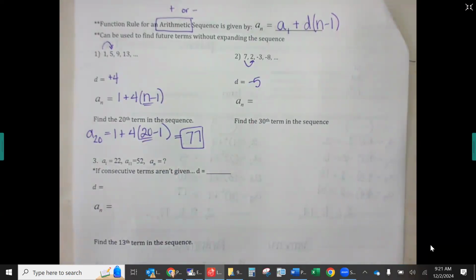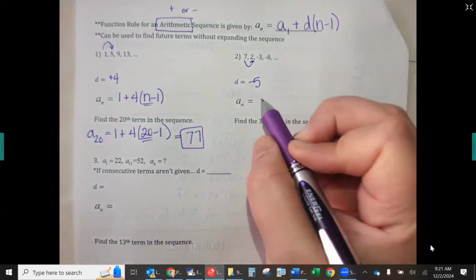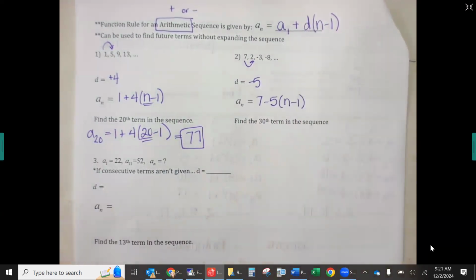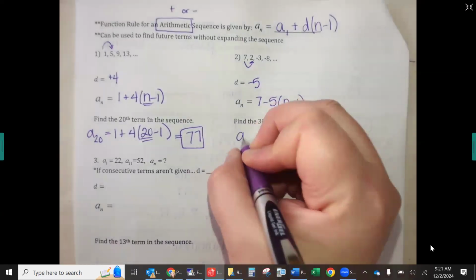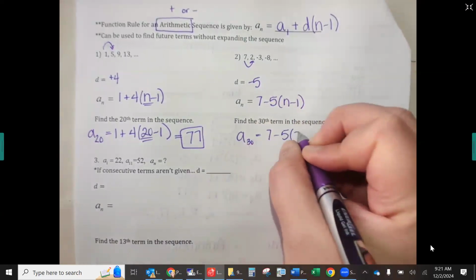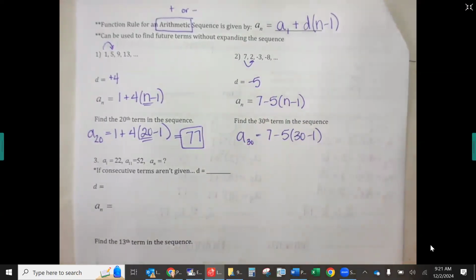What was the first term for this sequence? 7 minus 5 times n minus 1. And remember, the n minus 1 is there because I don't want to minus 5 off the first 7. I want to wait till the second term. Then it says find the 30th term in the sequence. You just take your 30, pop it into your formula. So A sub 30 would be 7 minus 5 times 30 minus 1.